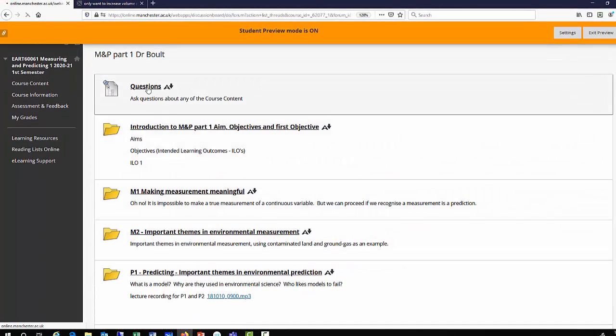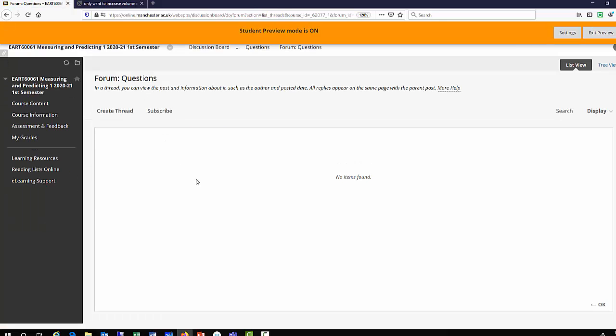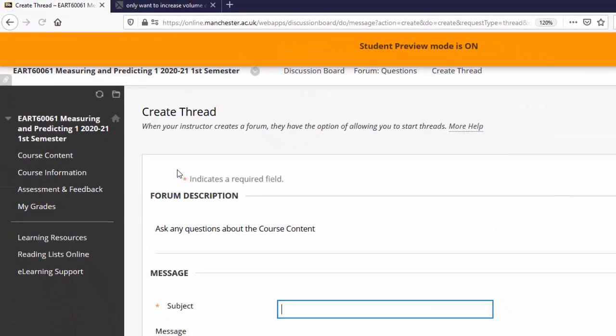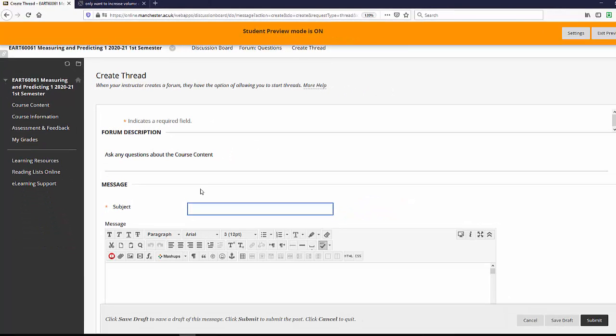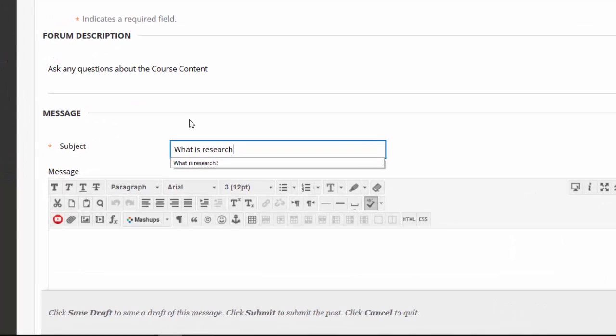If we click on it, we end up at the forum, which is titled Questions. Currently there are no questions, so we'll start off by creating a thread which starts with a question that then receives answers and comments. So if we have a question to start with which relates to the subject, what is research?